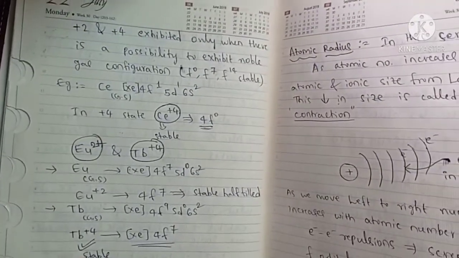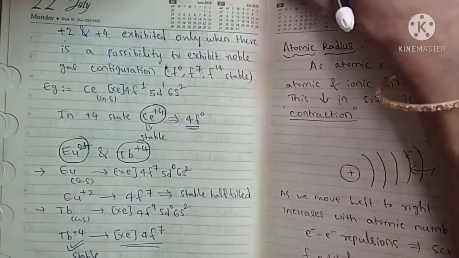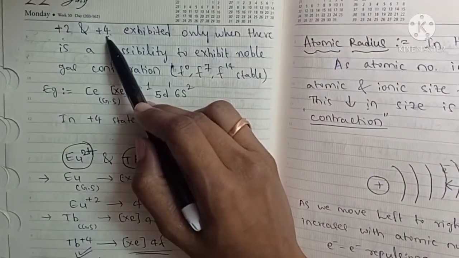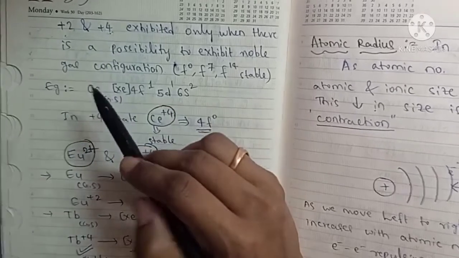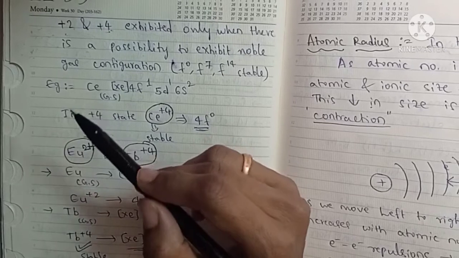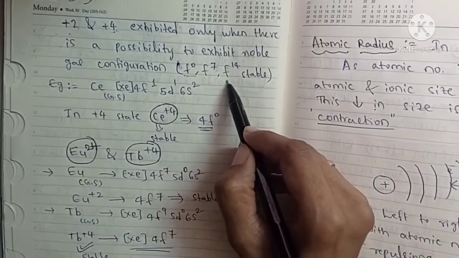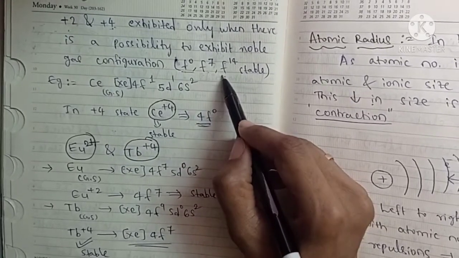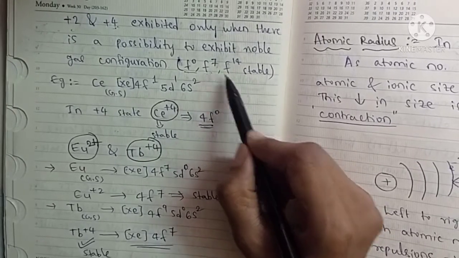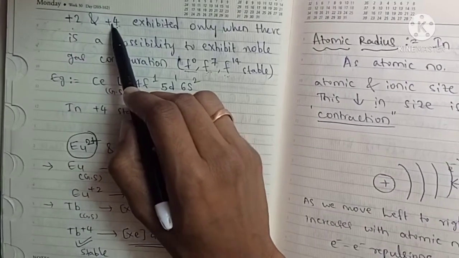They also exhibit +2 and +4 oxidation states. These oxidation states, +2 and +4, which are not common, are shown when the element gains stability. When the electronic configuration can become f0, f7 or f14, meaning empty, half-filled or fully filled, if there is a chance to acquire such a configuration, then only they will exhibit +2 and +4 oxidation states.